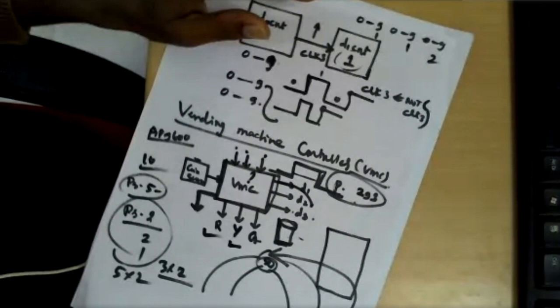Now based on this statement and this entity, you make the input and output details of the FPGA.